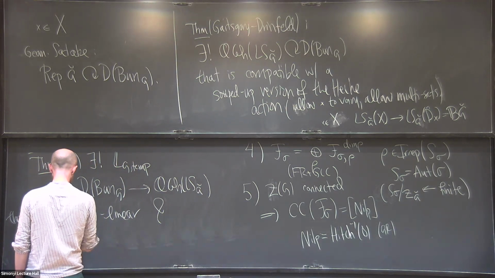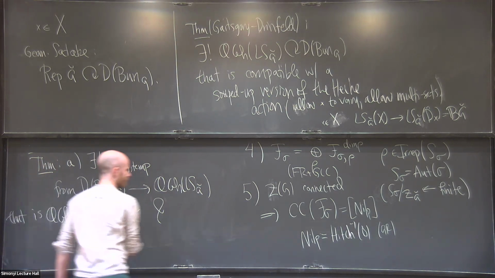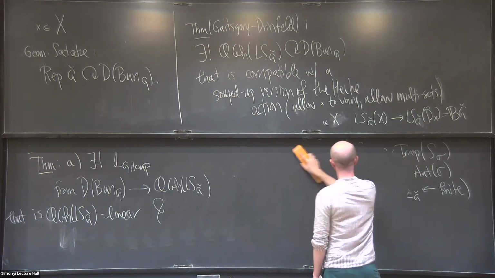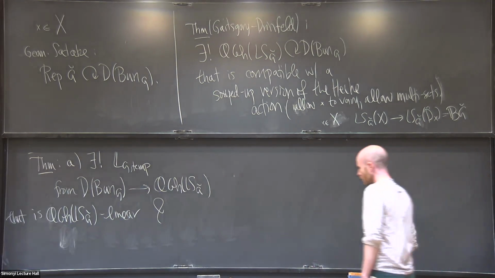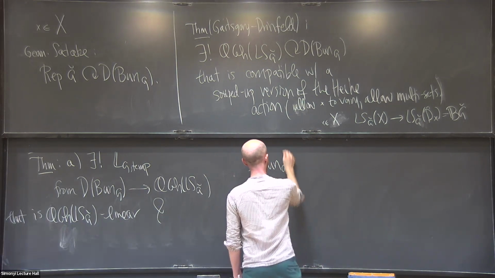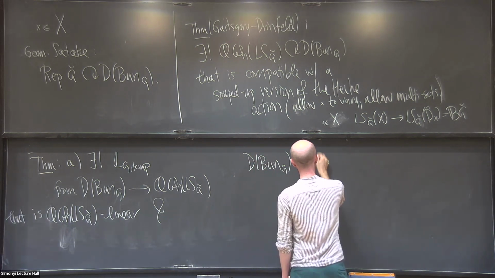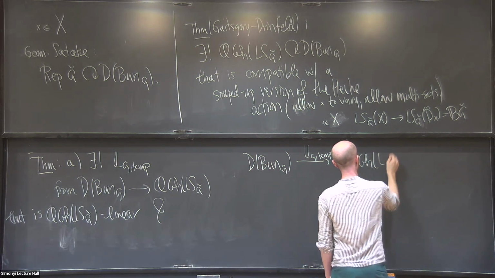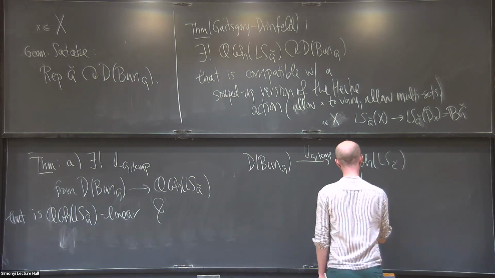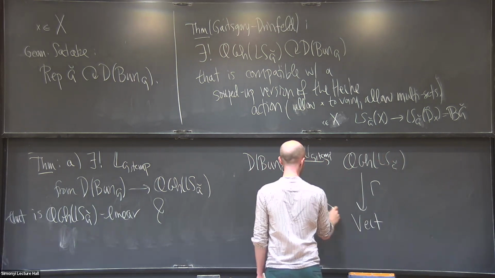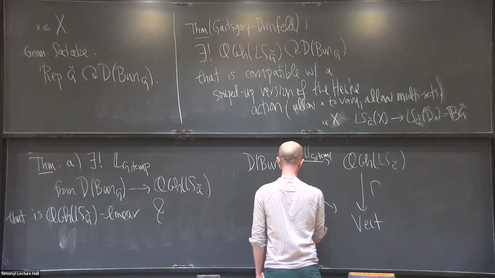So if you take this, well, maybe I'll do the diagram, it would be nicer. What I want is that when you take D of Bun G, you map it via this tempered geometric Langlands functor, and then you map this down to vector spaces via global sections. This is supposed to be my functor of taking the Whittaker coefficients.